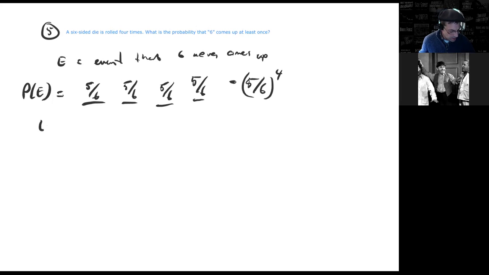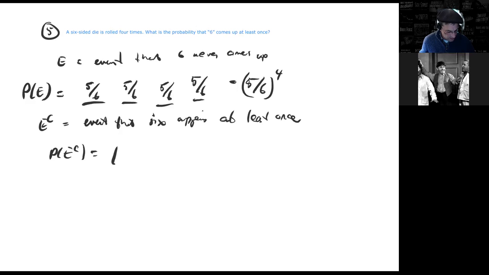Now E complement is the event that 6 appears at least once. So the probability of E complement is 1 minus the probability of E, which is 1 minus 5/6 to the 4th power.